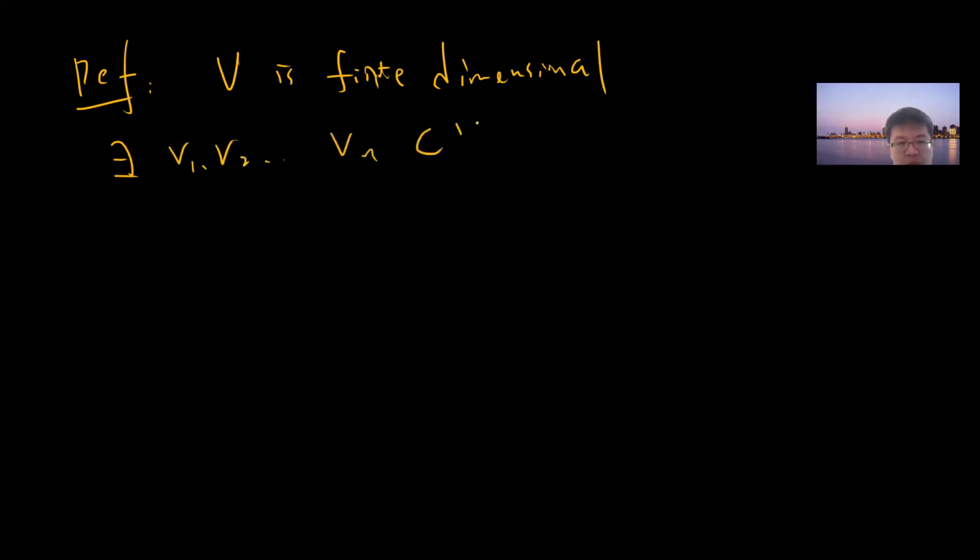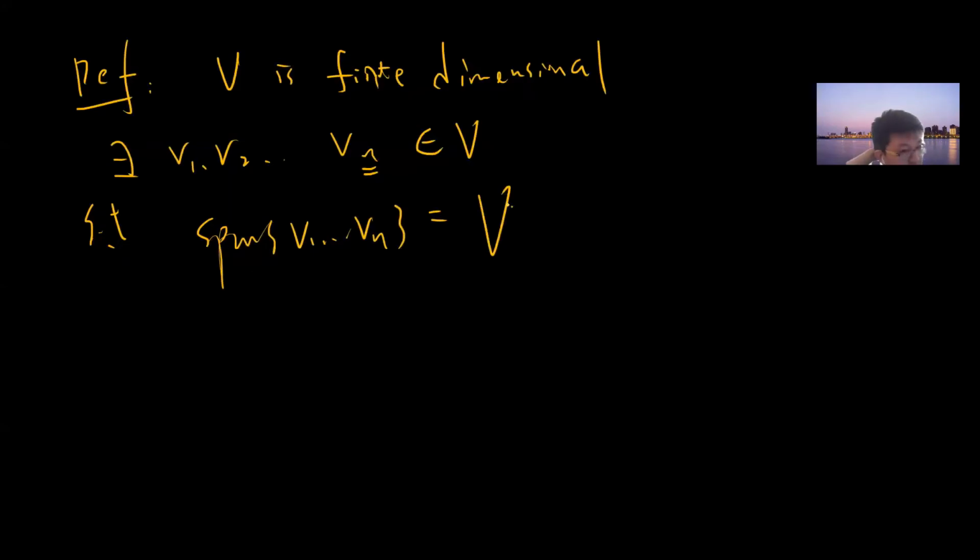If I say V is finite dimensional, it means that there are V1, V2 up to Vn in V, where n is finite, such that the span of V1 up to Vn is V. So basically all the vectors in V are linear combinations of some vectors in V. This is just the ideal basis, but a basis needs to be linearly independent.